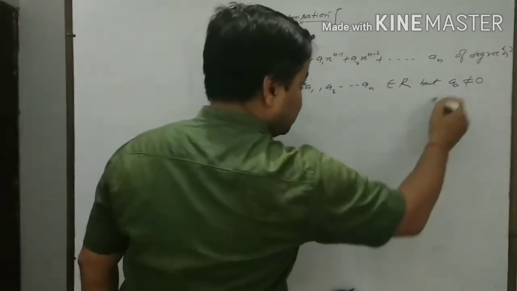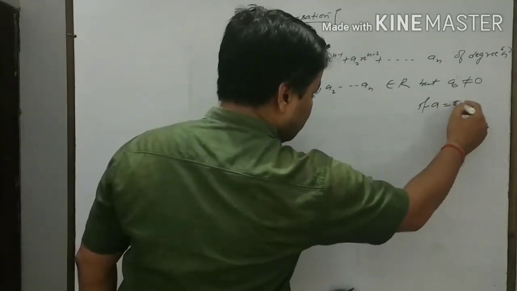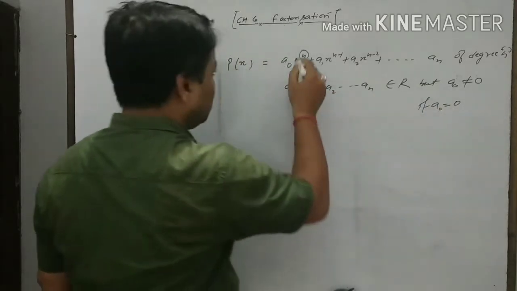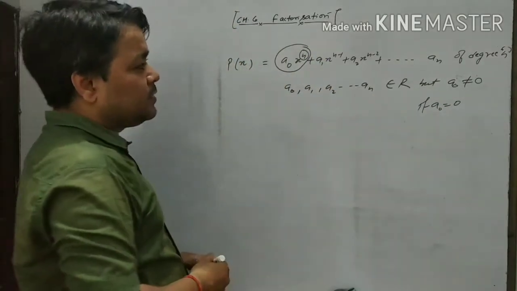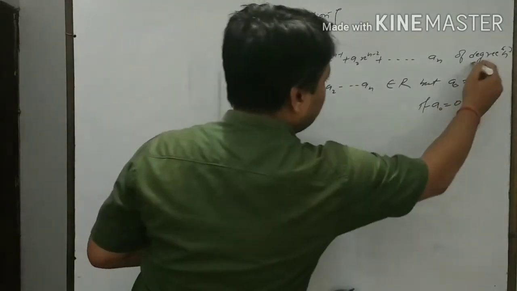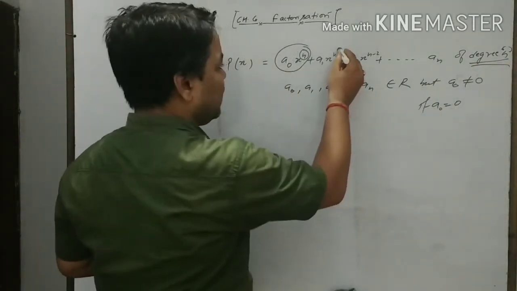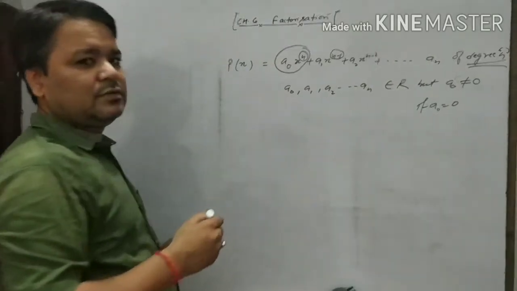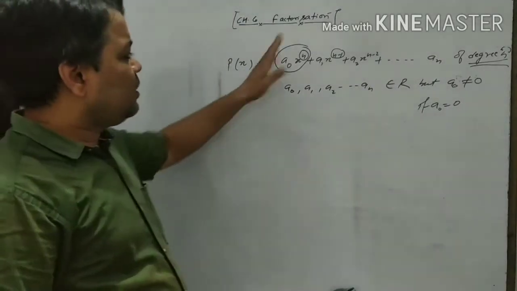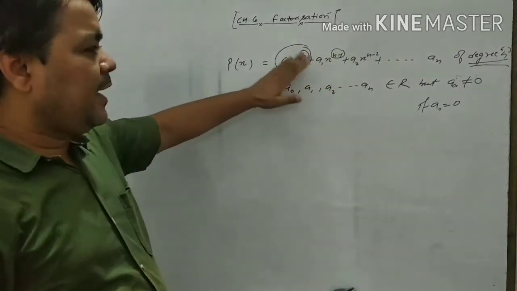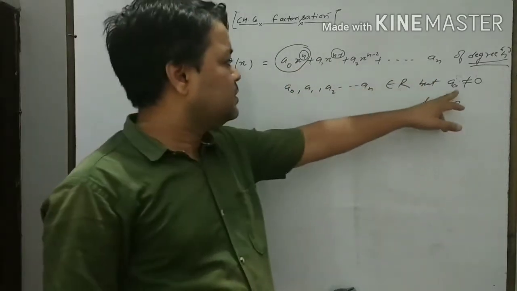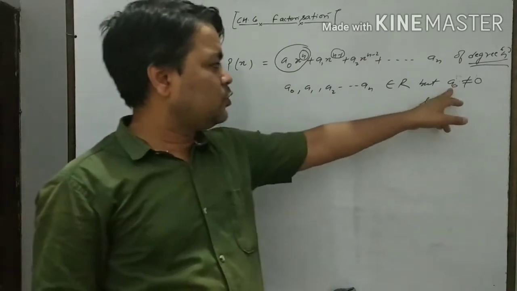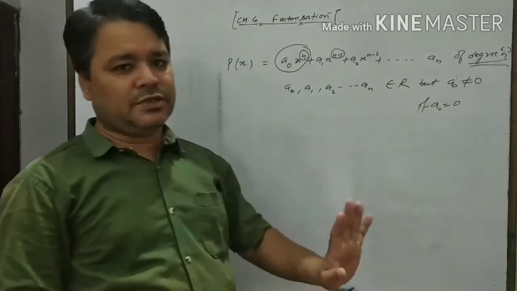Because if a0 is equal to 0, then this total term will be equal to 0, and in that case the degree of the polynomial will be n minus 1, not n. Therefore, to make a polynomial of degree n, the coefficient a0 should not be equal to 0.